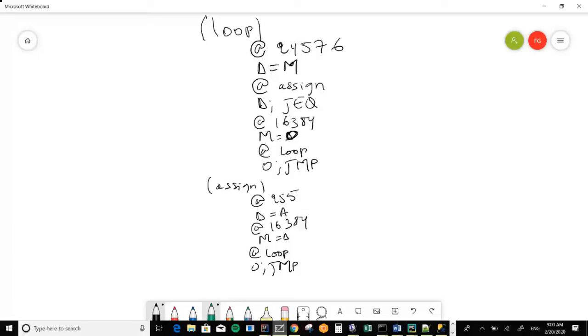Similarly, if I have an if, I know that I'm going to have to get the value I'm comparing against into my D register. I might have to do some arithmetic on it. So if I'm just wondering, are these two values equal? Well, I'm going to need to subtract them. Subtraction is how comparison happens.